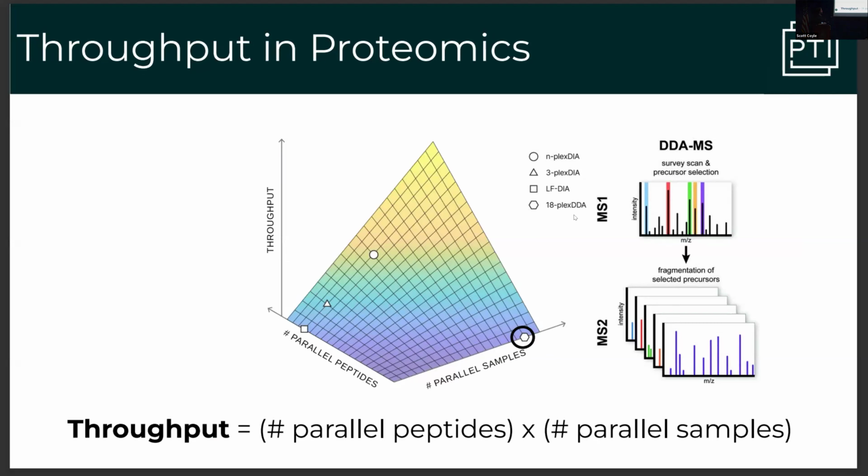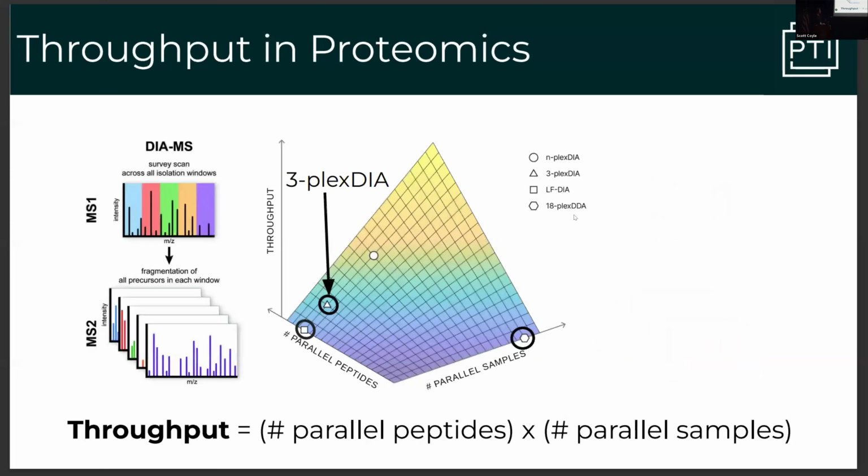In that scan, we will send particular precursors for fragmentation, and we can use those fragmentation spectra to identify them. We can combine this with something like TMT, which can get 35-plex. So if you identify a peptide, you can quantify it in 35 samples simultaneously.